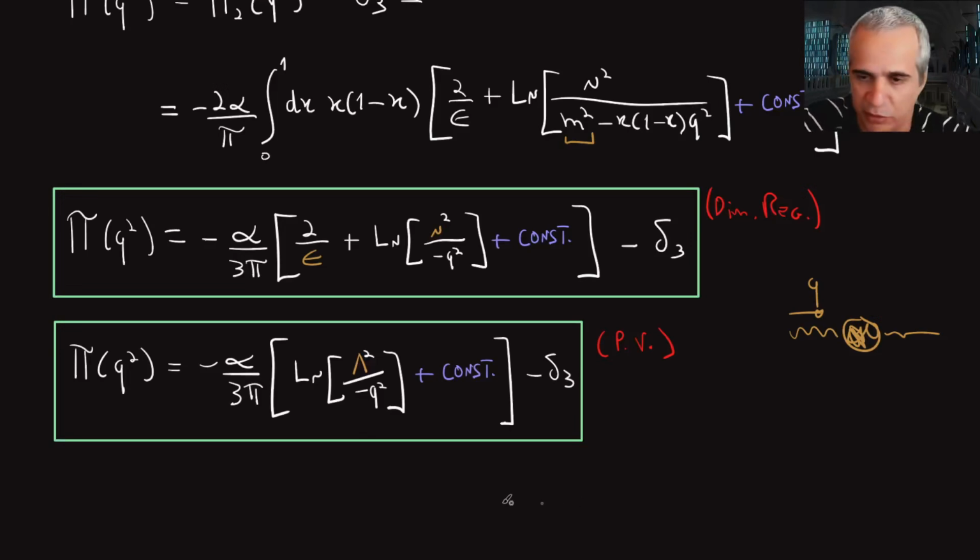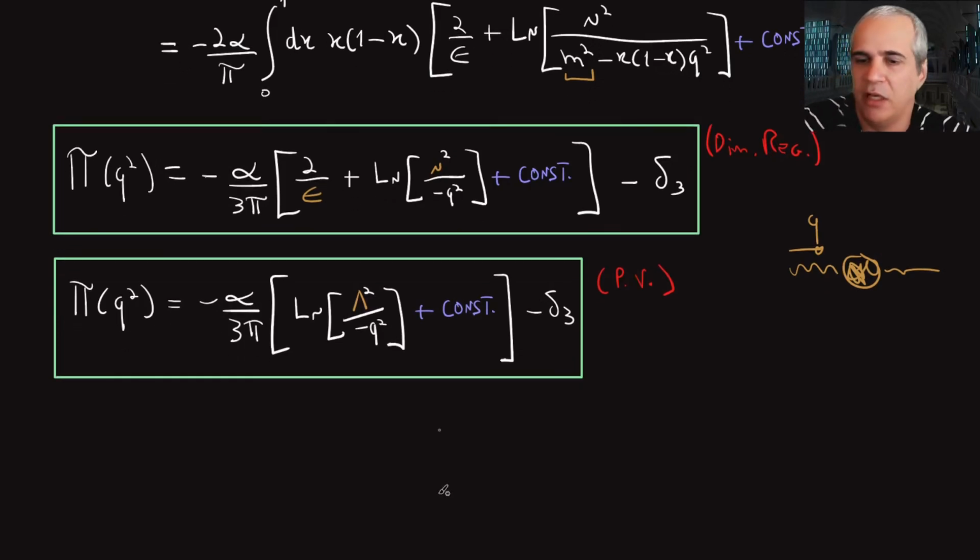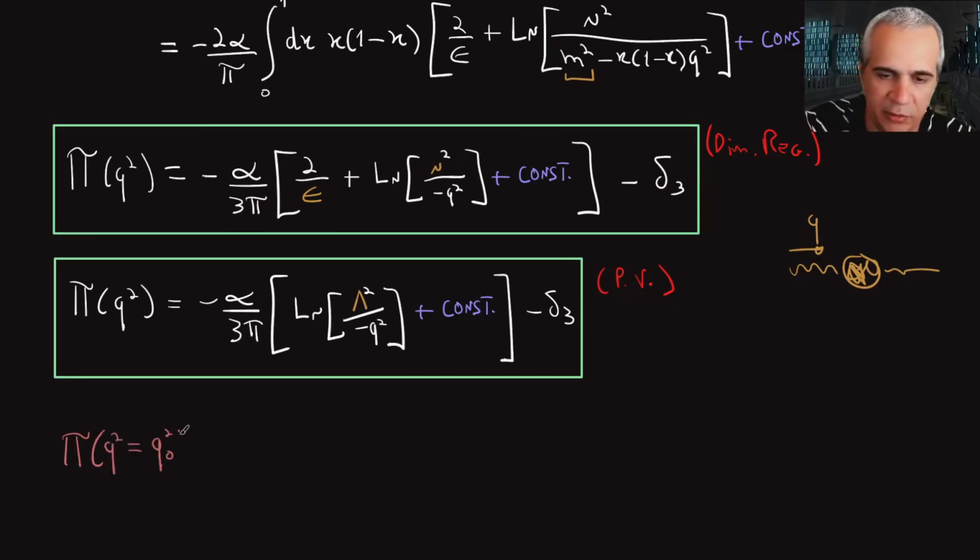So the most intuitive one would be, say, I'll use some physical scale here. Let's say I take pi of Q square at some point Q naught square, right? Say this is 0, this is a renormalization condition, right? And that, in principle, is a measurement.